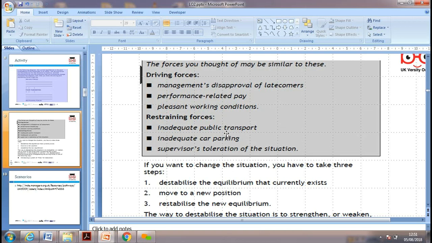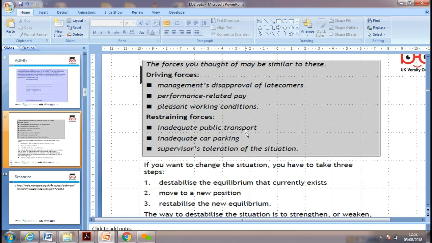Inadequate public transport leads to latecomers. So that's a restraining force, and we have to make sure about it. If the people don't have their basic needs fulfilled, how can they perform? So these are the restraining forces. Inadequate car parking: if you can't park your car, of course you will be late then.